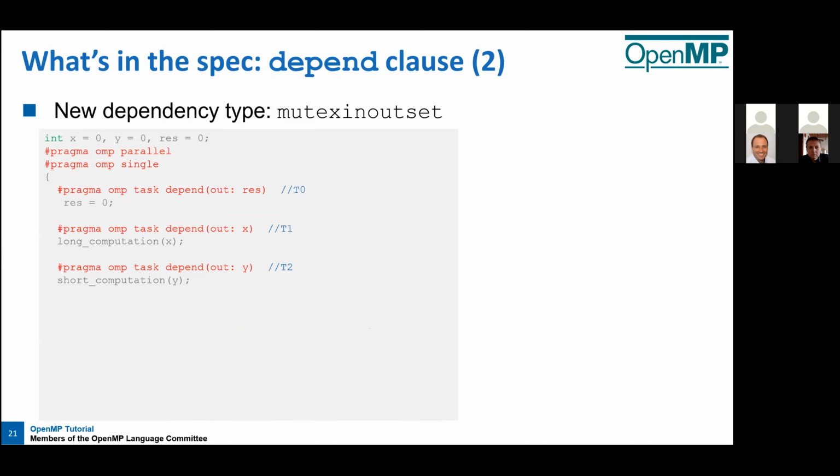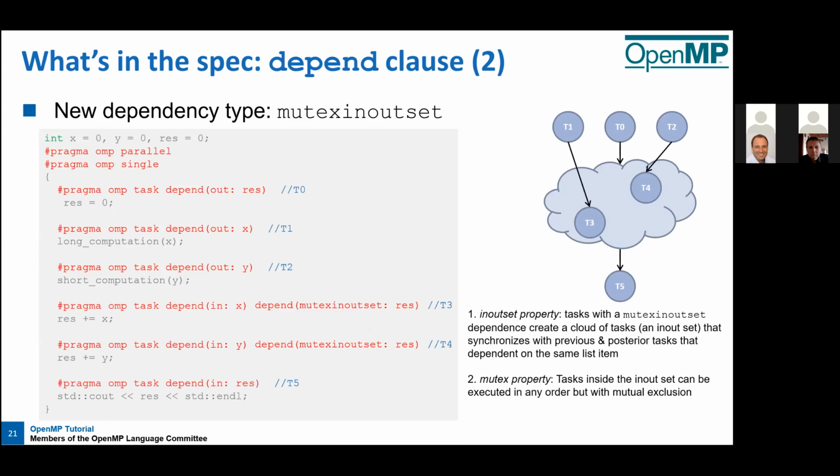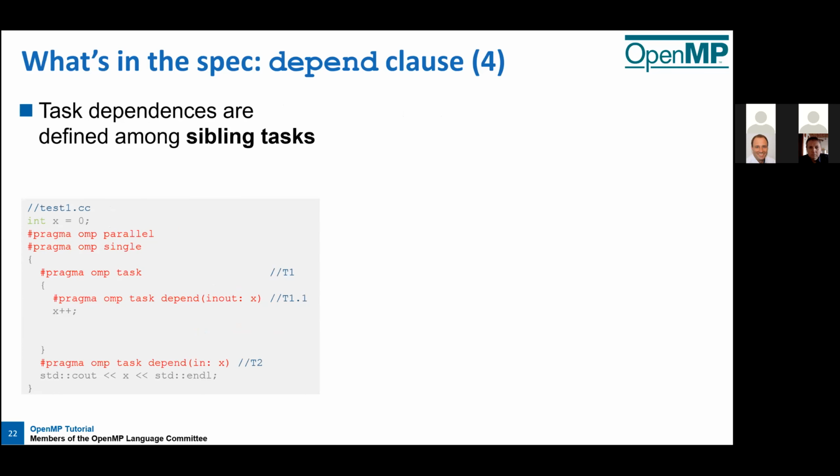All right. Let me skip that one in the interest of time. The task dependencies are defined across sibling tasks. So that means there are some constraints on what you can specify and when the task dependencies have an actual effect. Suppose you have T1 here, that is an outer task to T11. And if T2 also has a dependency, this depend clause and this depend clause do not connect to each other because that task and that task are not sibling tasks.